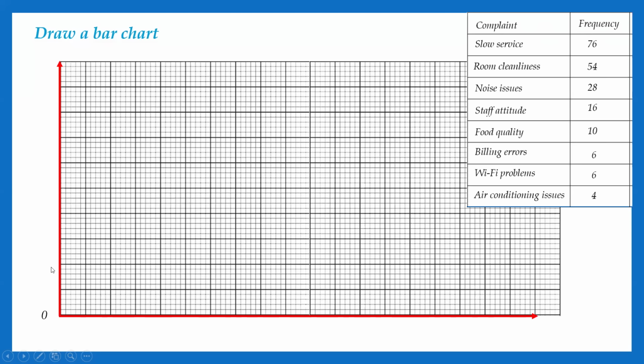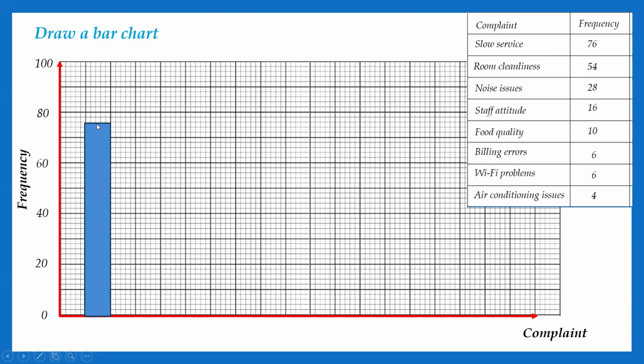The y-axis shows the frequencies, 0, 20 and so on, and the x-axis shows the complaints. The most common complaint is slow service. Its frequency is 76. This is slow service.